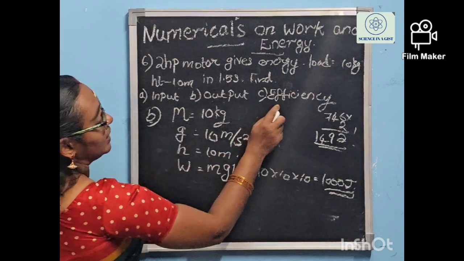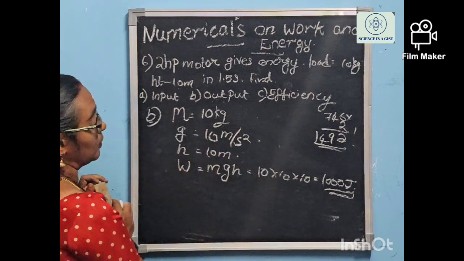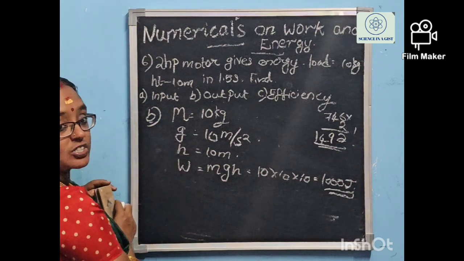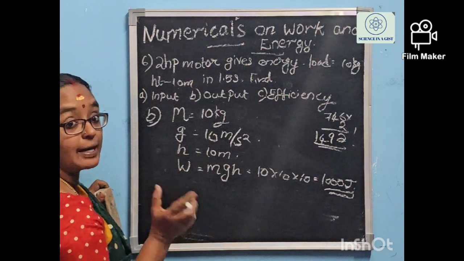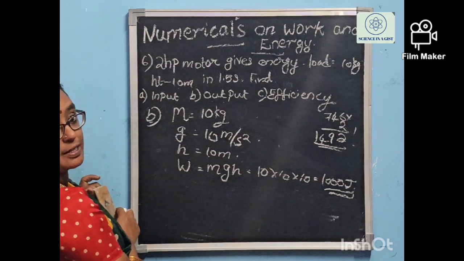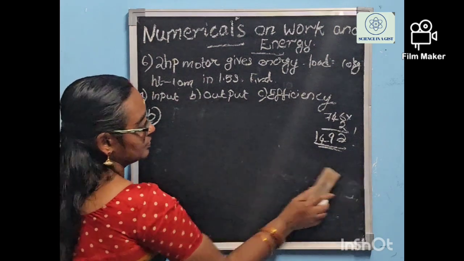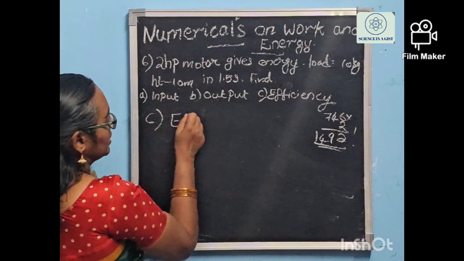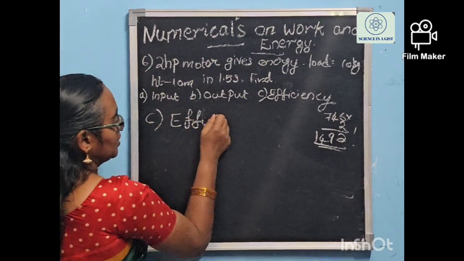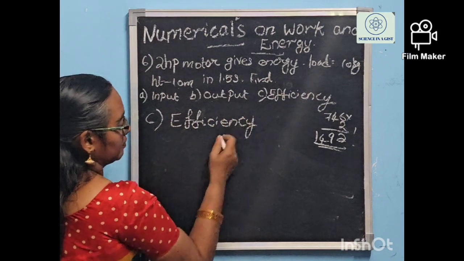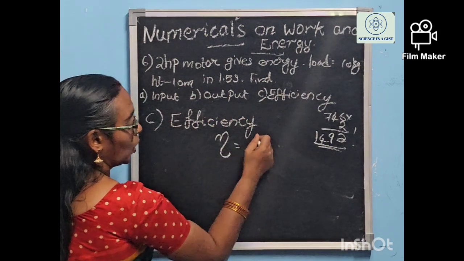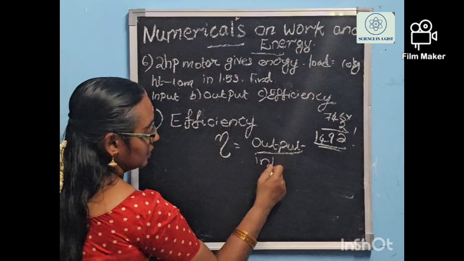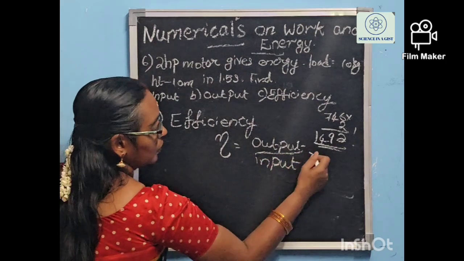Now we have to find the third one, that is efficiency of the pulley system. How can it be found out? Efficiency is equal to output divided by input into percentage, that is 100. Efficiency of the system is equal to output by input into 100.